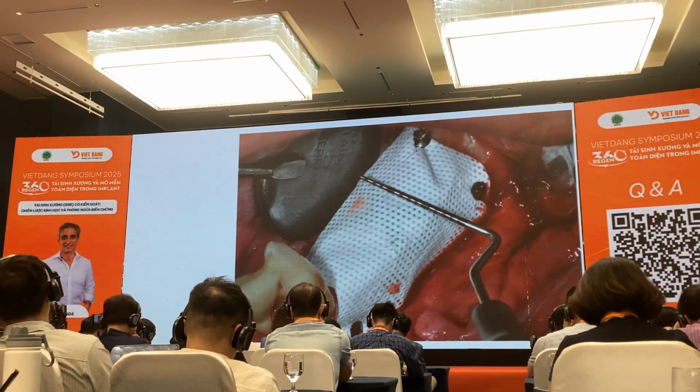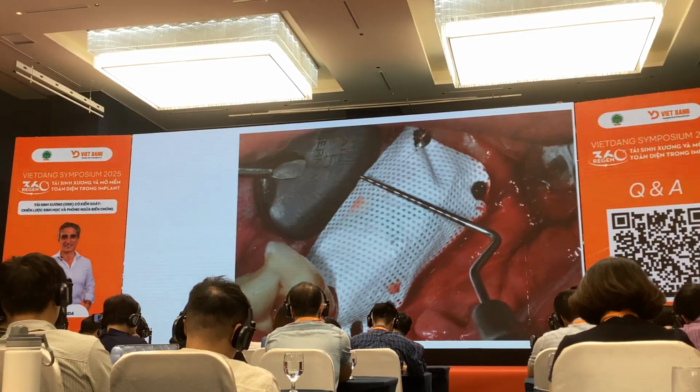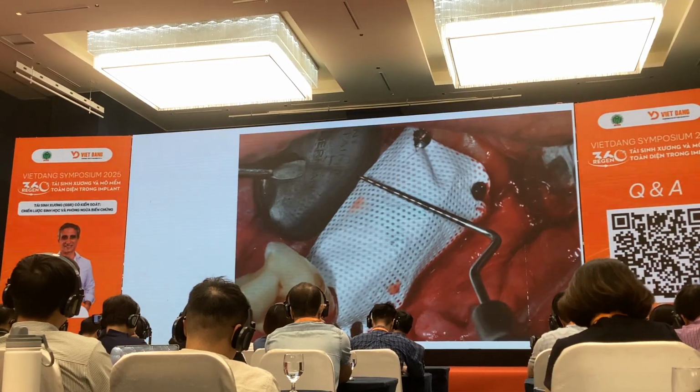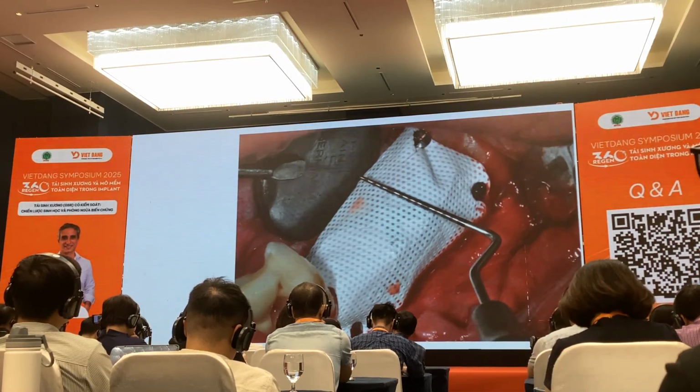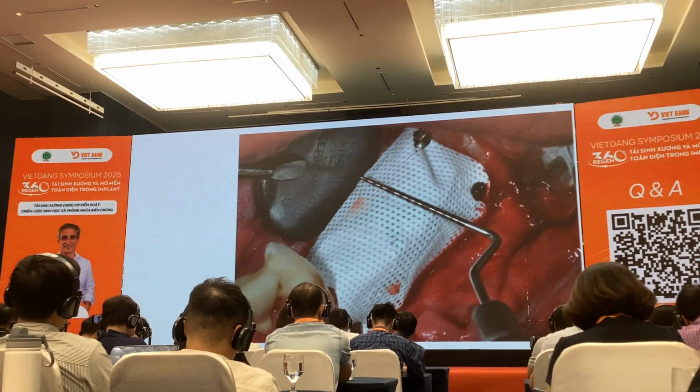But on the other hand, it causes a contraction of the delicate bone. And we lose in a horizontal way 1.5 to 2 millimeters on each side.